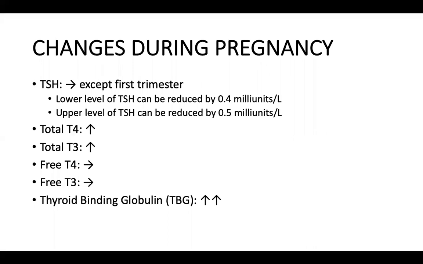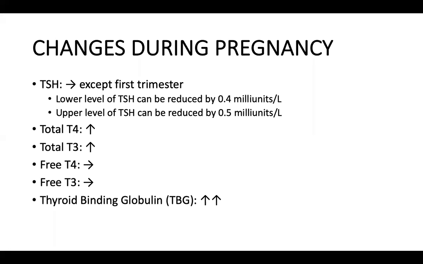Now, total T4 and total T3 increase dramatically in pregnancy. By 16 weeks, it's 1.5 times the baseline. But the free T4 and free T3 stay the same.